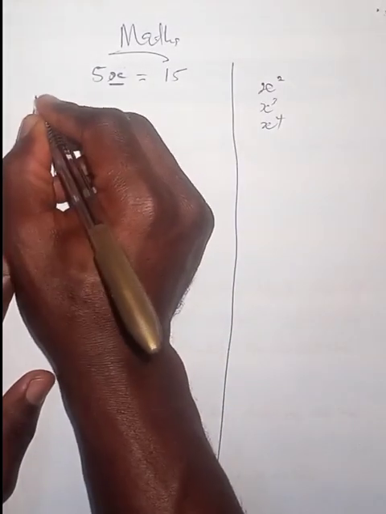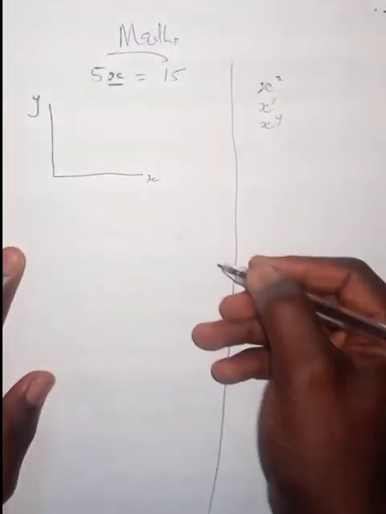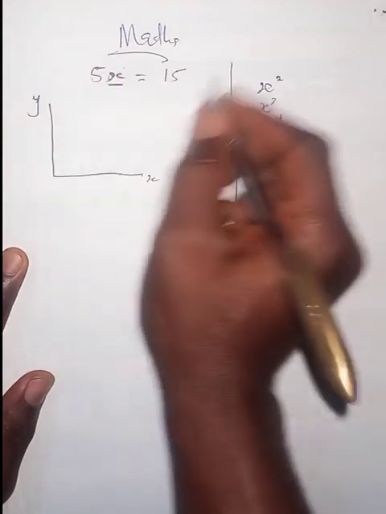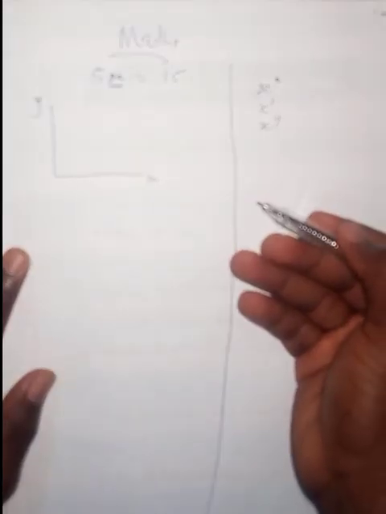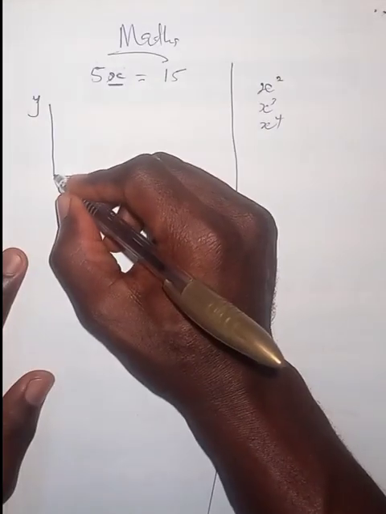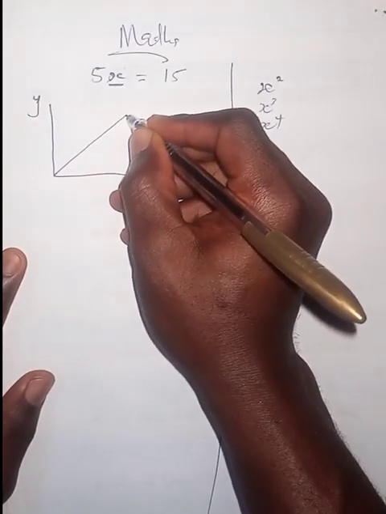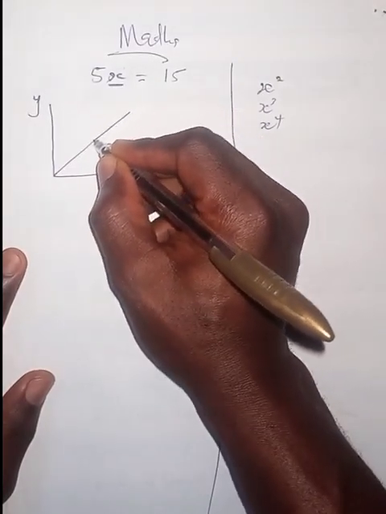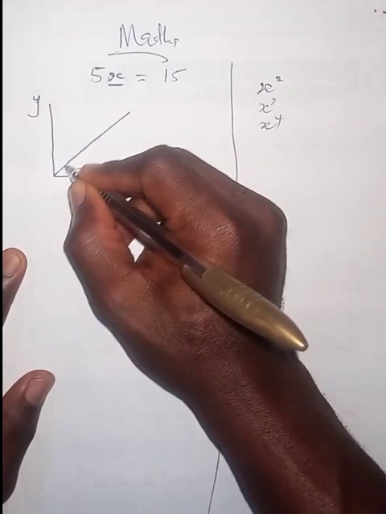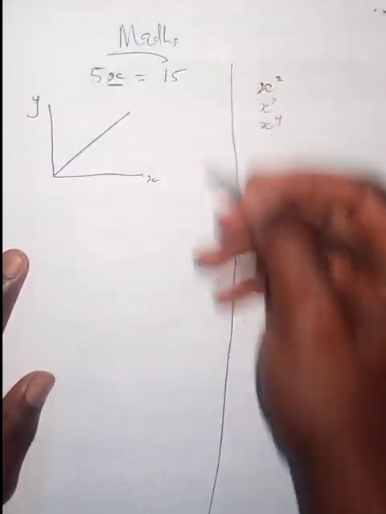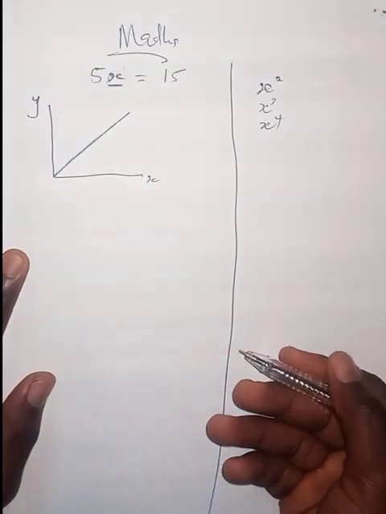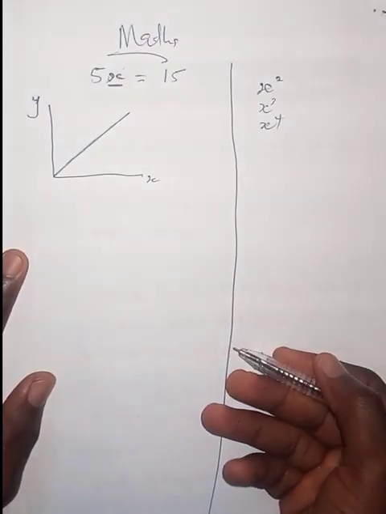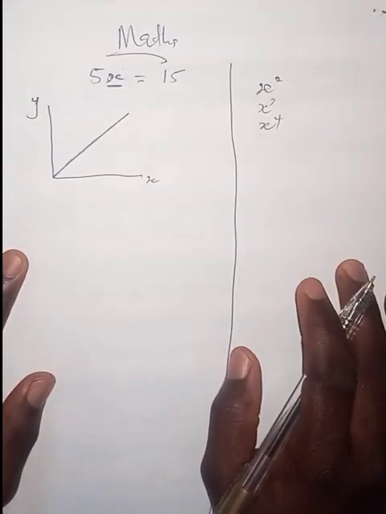This is our y-axis, our x-axis. Having this type of equation in the graph, we form a straight line graph. So if you have a graph like this, that means the equation from which this graph is derived is a linear equation, because it forms a straight line graph.